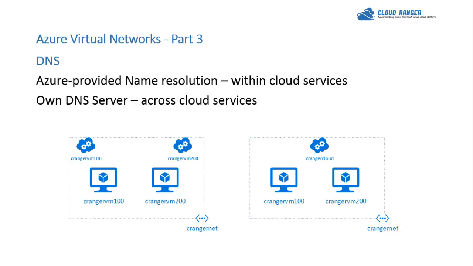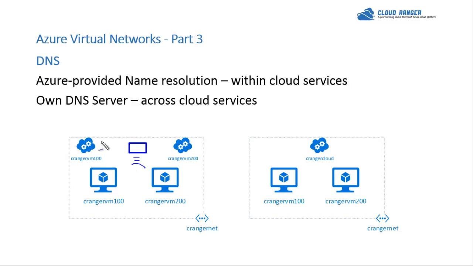So what do you do if you have a scenario like this? You'd actually have to put your own DNS server in here. What that means is that you'd create a DNS server with DNS entries in there, which will resolve these two host names to their IP addresses.